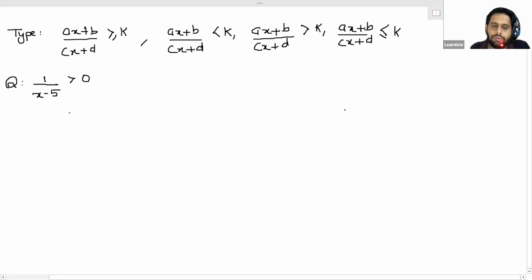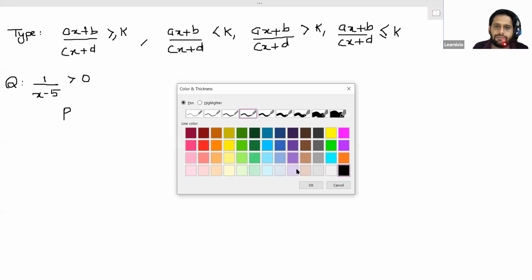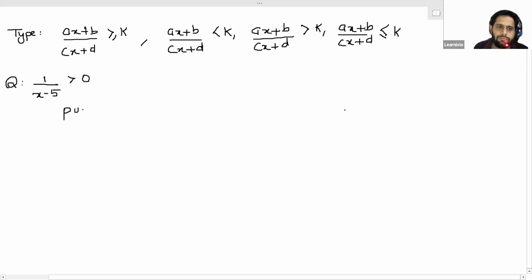So we put x minus 5 equal to 0 to find the critical point, and we get x is equal to 5.